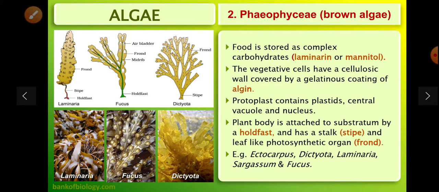Protoplast contains plastids, central vacuoles and nucleus. Plant body is attached to the substratum by a holdfast and a stalk, that is stipe, and a leaf-like photosynthetic organ, that is frond. Examples are Ectocarpus, Dictyota, Laminaria, Sargassum and Fucus.